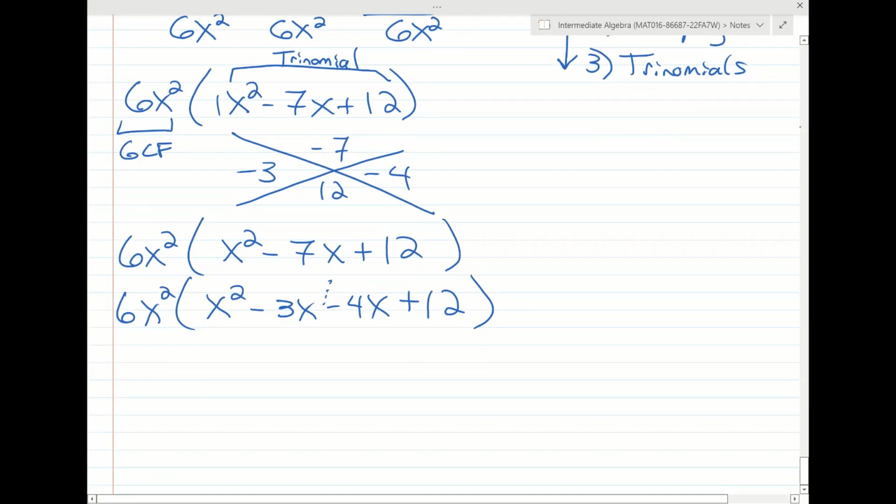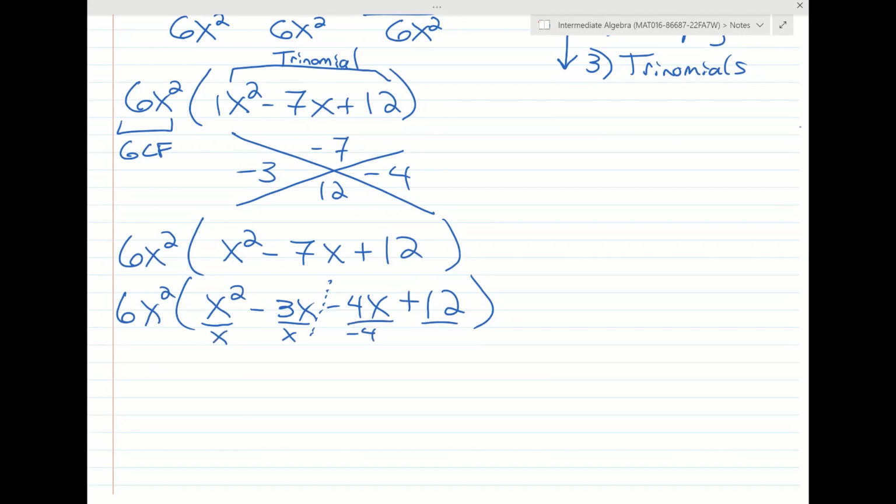Cut this down the middle. We could go ahead and factor out an x here. Then -4, remember if the first number is negative, we get a negative. And we get 6x to the second, and then x times x minus 3, and then -4 times x minus 3.